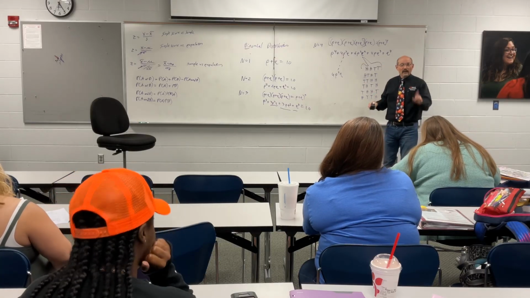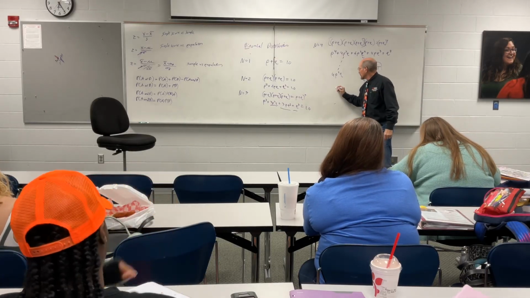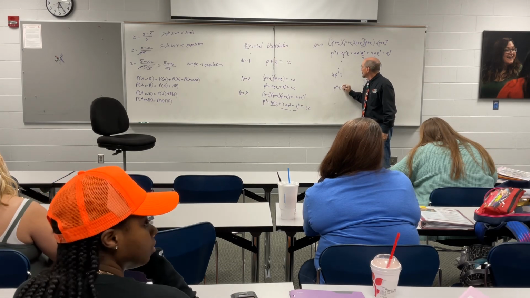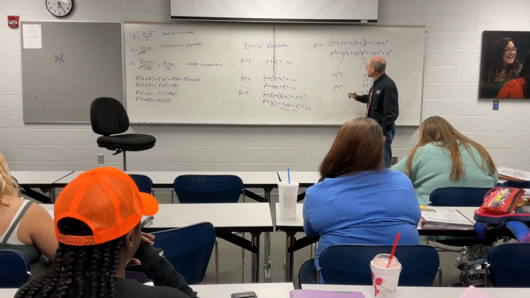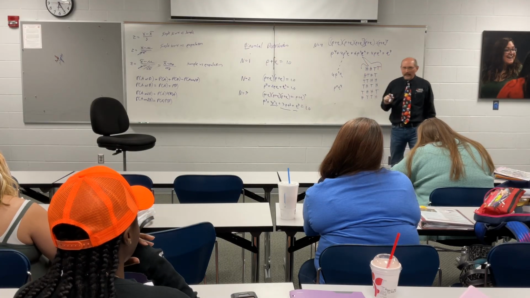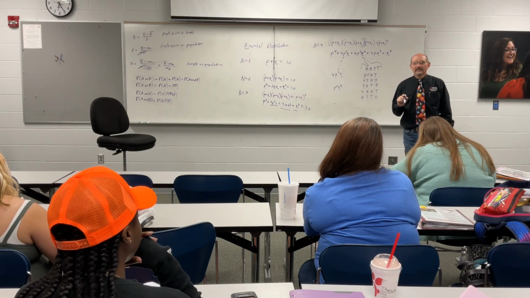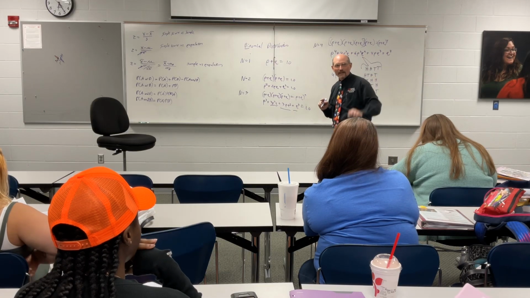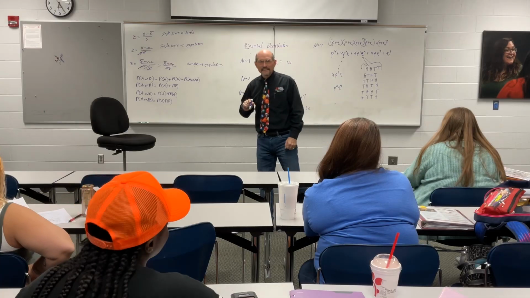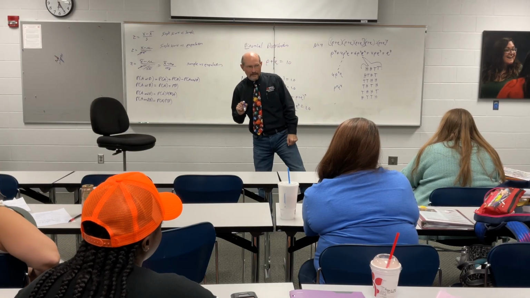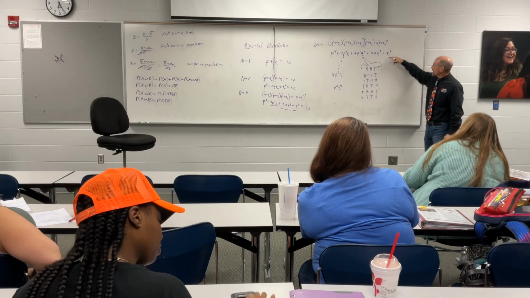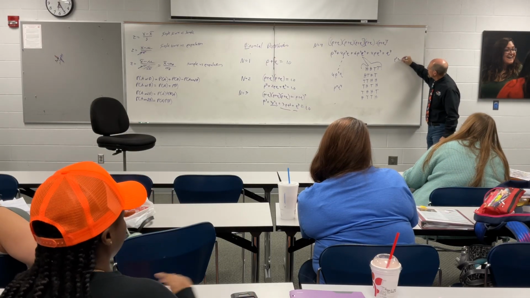On the other hand, I have something like, let's say p to the 0, q to the 4th. What is anything to the 0 power? It's 1. Anything to the 0 power is equal to 1. Which basically means this term, the q to the 4th, is the same thing as p to the 0, q to the 4th.